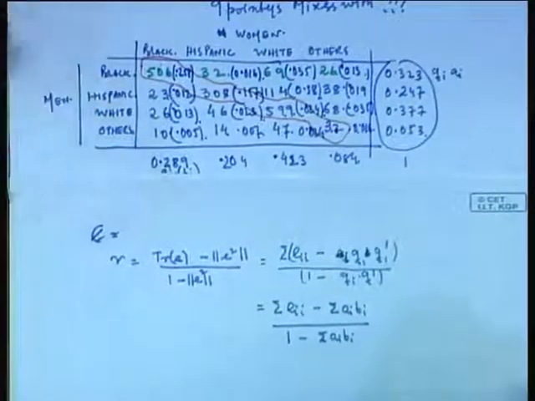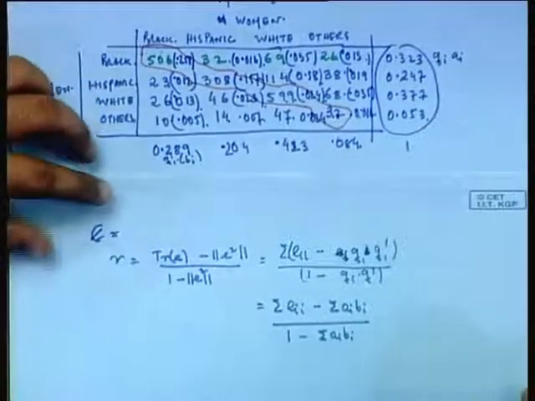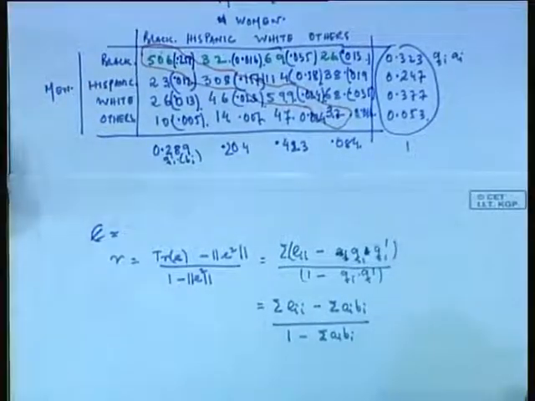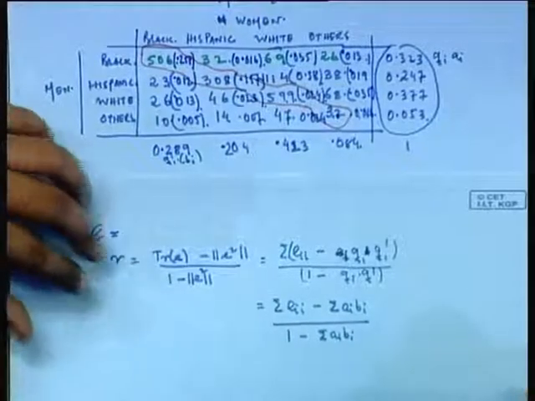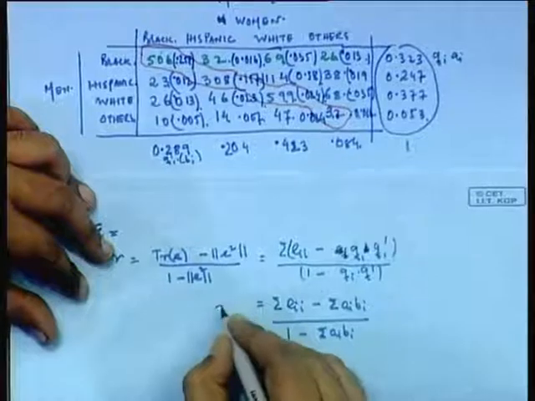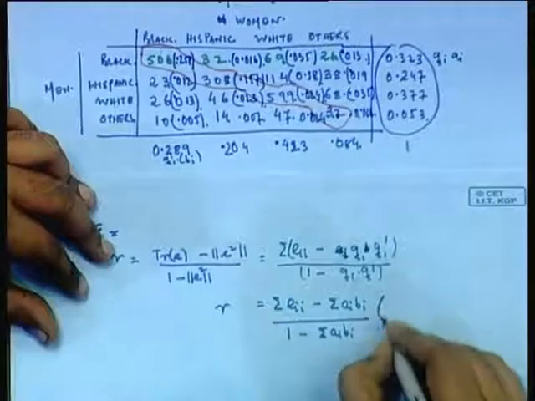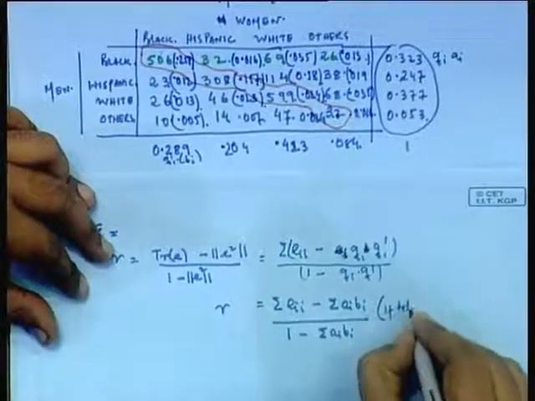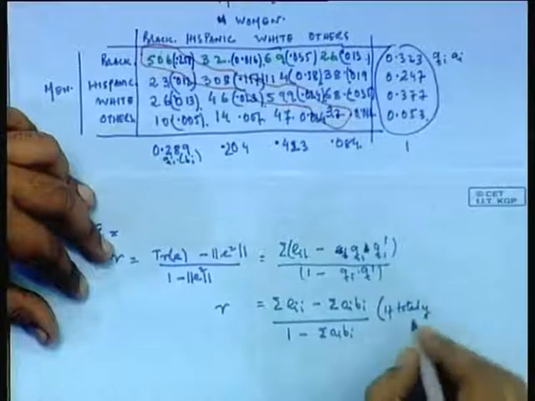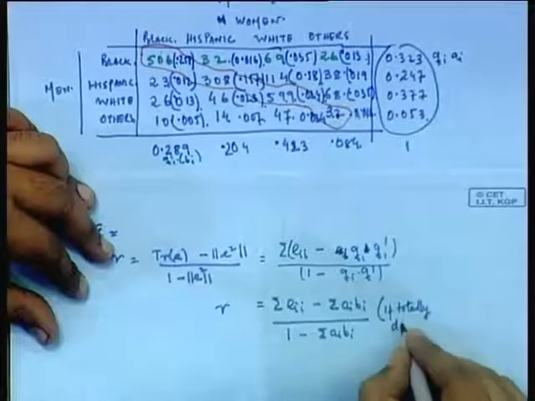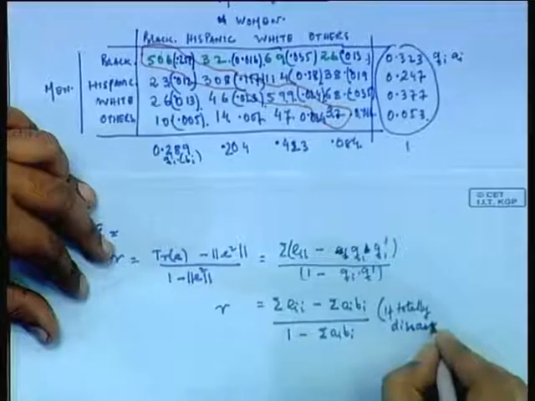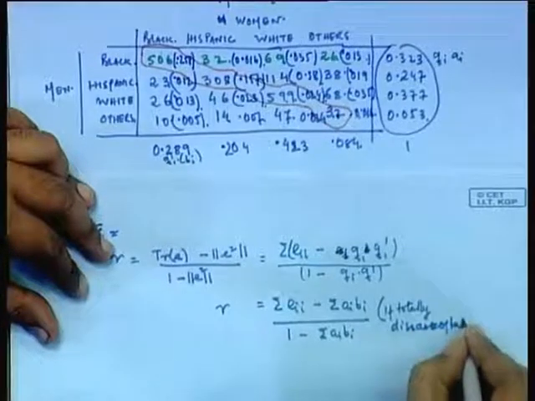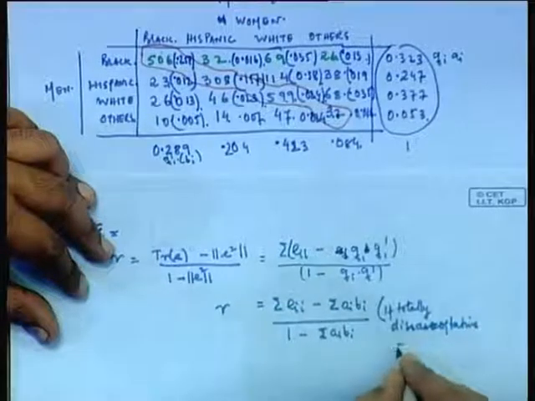Now what is our constraint? If it is totally disassociative, then what should be the value? It should be 0.